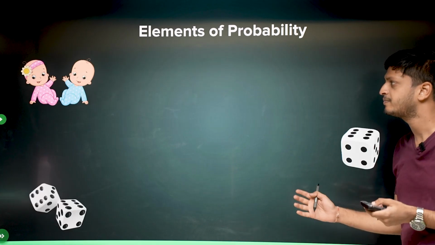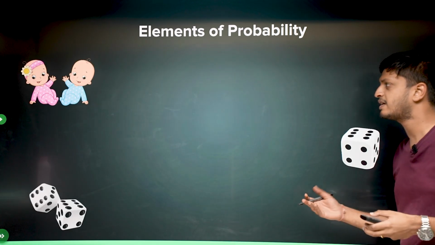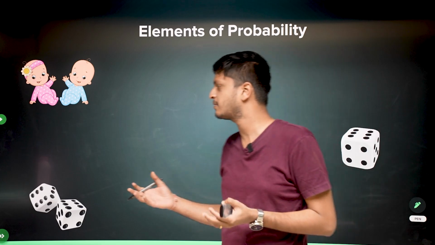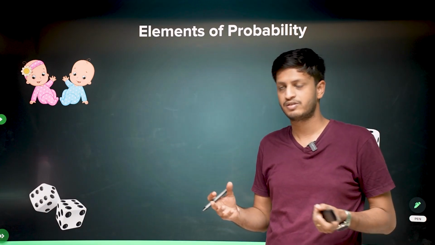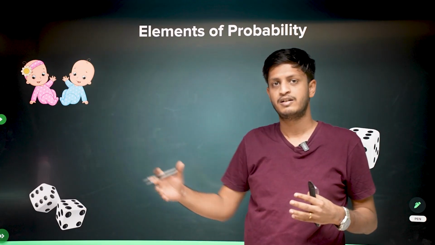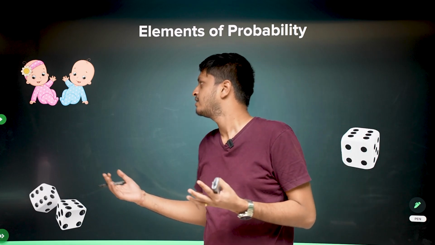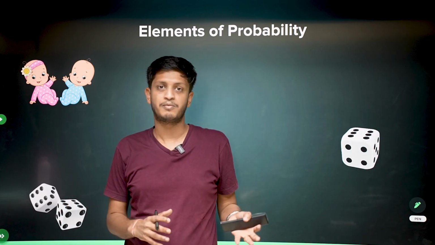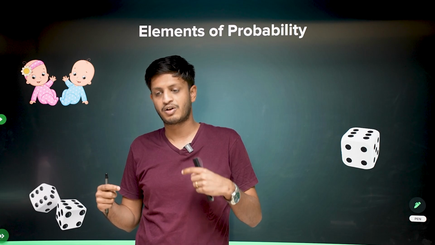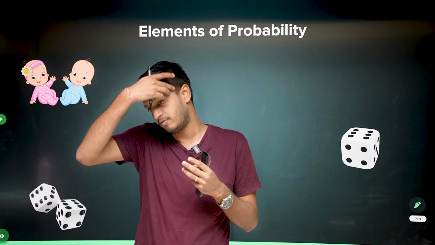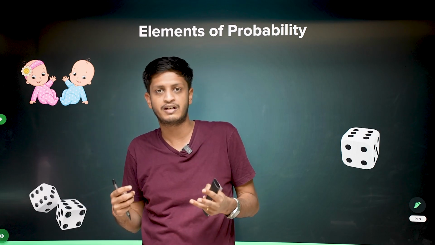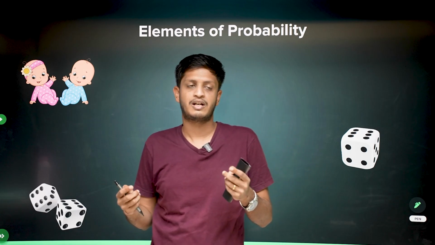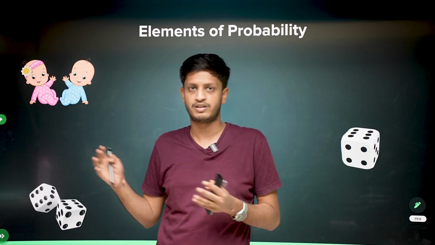Very basic concept. So a few examples, like boy or girl. Generally speaking, the probability of getting a boy or girl is 0.5. So in a large population, this should happen, right? You don't know, it will be random, and let's say you're having 3 kids, and questions might come like, if you're having 3 kids, what is the universe? So you can have 3 boys, 2 boys, 1 girl, and so on. This is your universe.